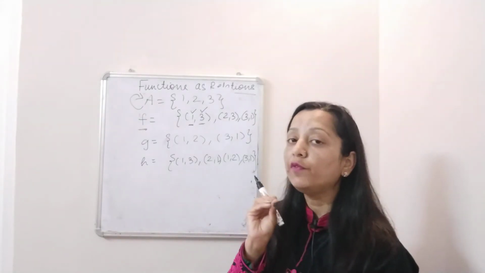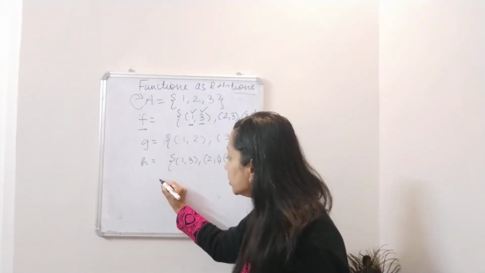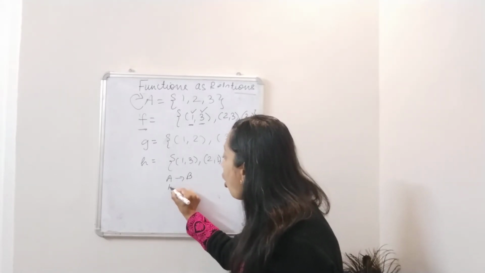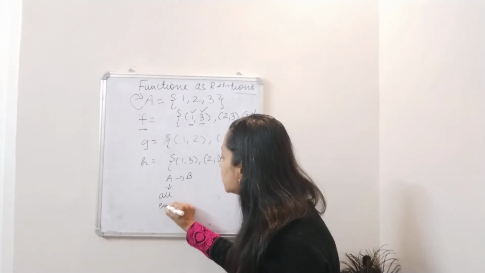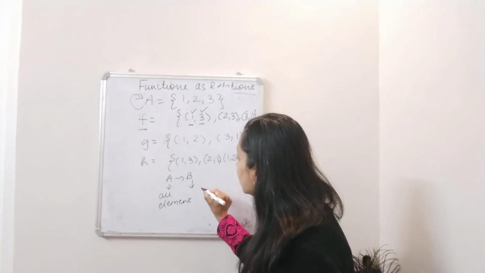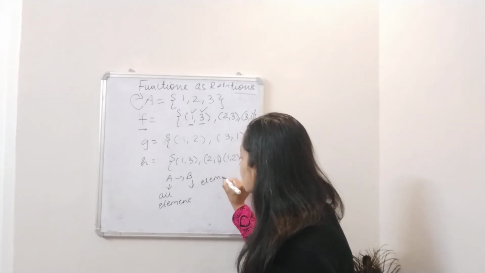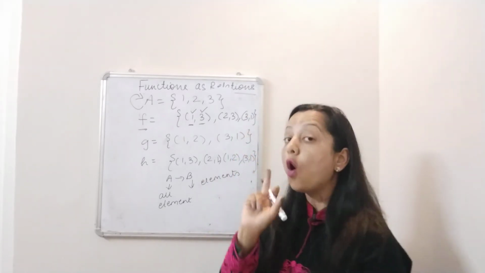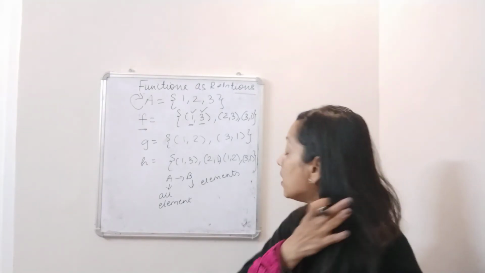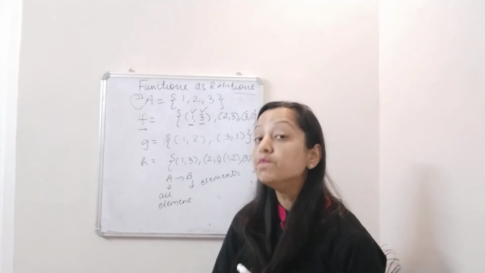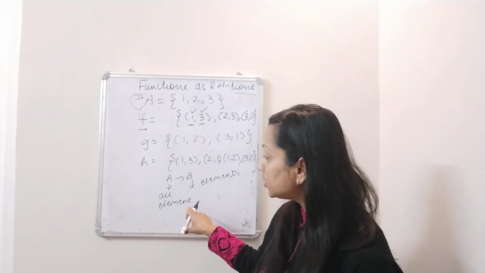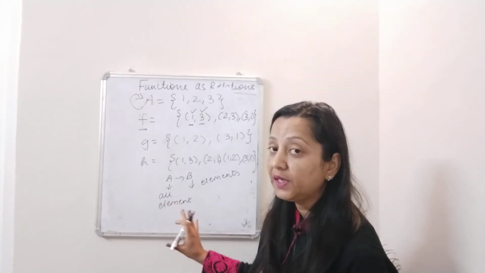Now what we have to see is that in the case of functions, if a function goes from set A to B, that means all the elements of set A will be assigned elements from set B. All the elements of set A have to be assigned some value from the elements of set B. You cannot miss out any element from set A. But just here we saw that some of the elements of B can be missed out.